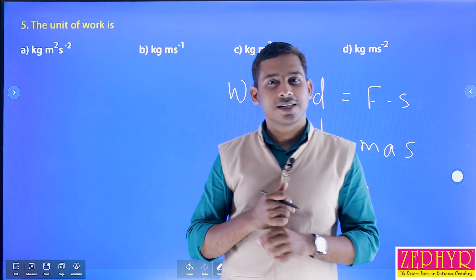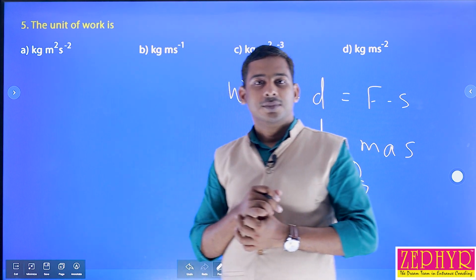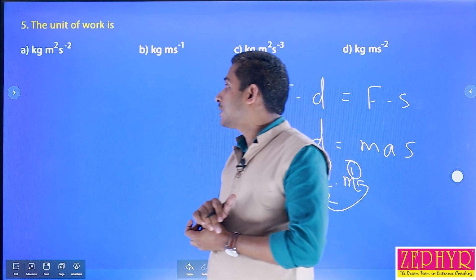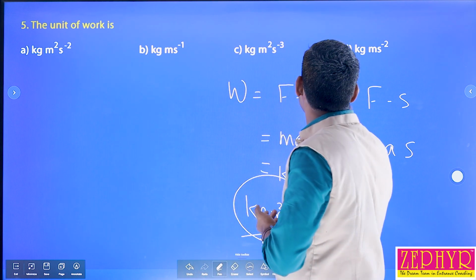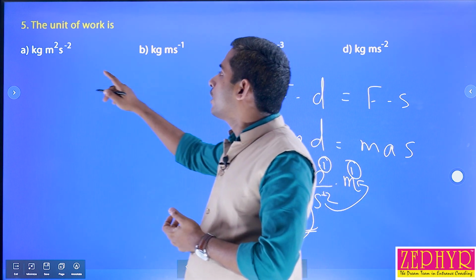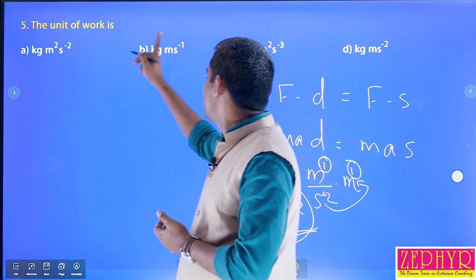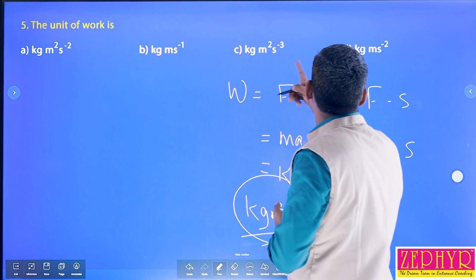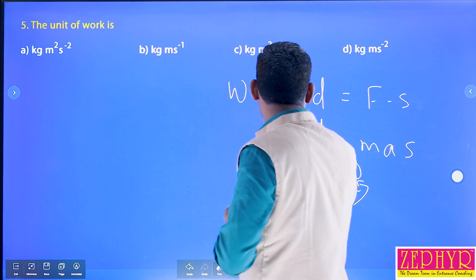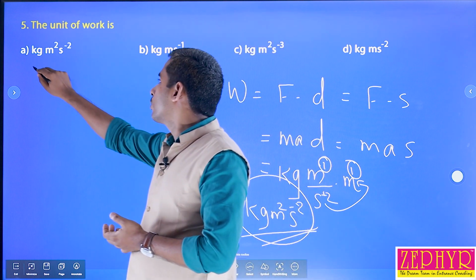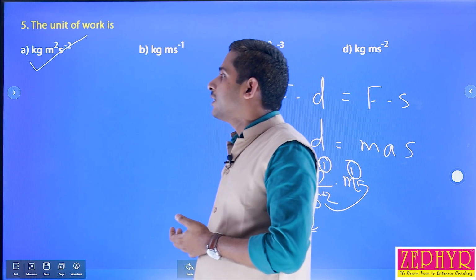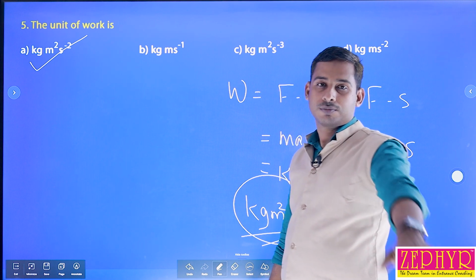How many got the correct answer? Tell me and check your options. So, we have the first option kilogram meter square S raised to minus 2, here minus 1, here S minus 3, here S minus 2. Our answer is kilogram meter square S raised to minus 2.